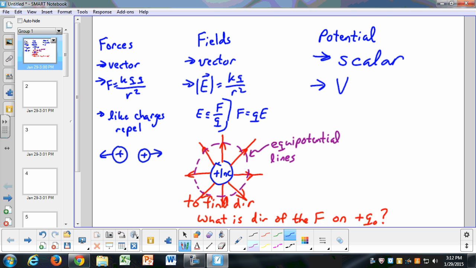We calculate that magnitude, KQ over R. We're not going to get into how it's derived, but it actually is derived from this electric field. So it all goes back to that Coulombic force. You have to take the derivative of, or the integral rather. And then KQ over R, in just very basic terms, the potential is energy per unit charge.